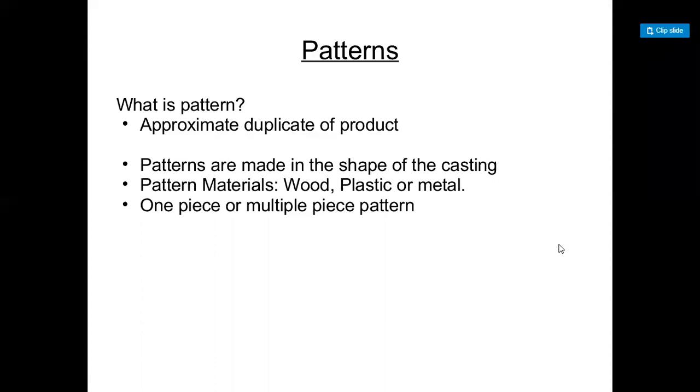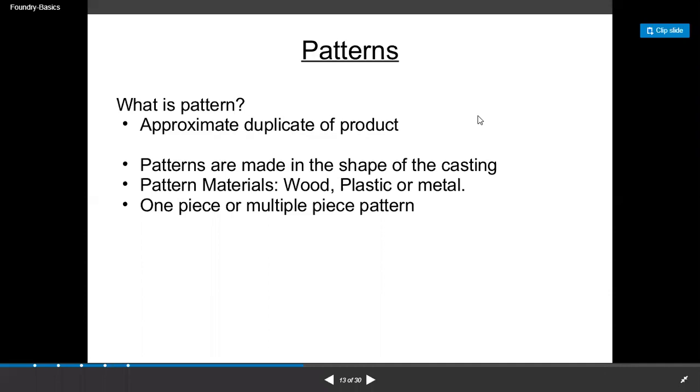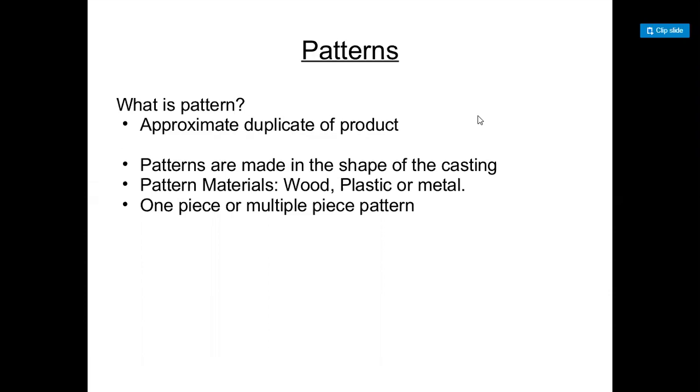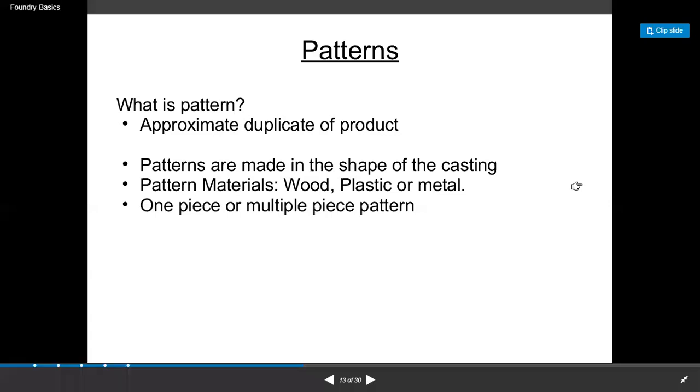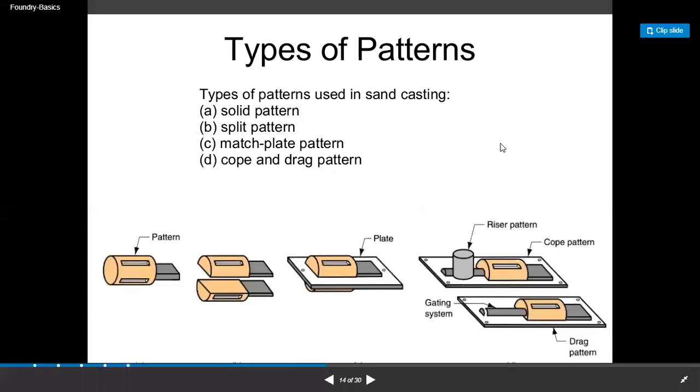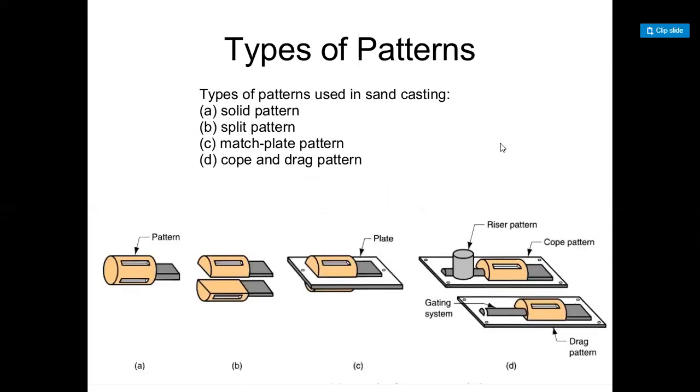The pattern materials are wood, plastic or metal. Plastic is also used in pattern making, but mainly we use wood and metal. It can be a single piece pattern or a multiple piece pattern. There are different types of patterns: solid pattern, split pattern, match plate pattern, cope and drag pattern.